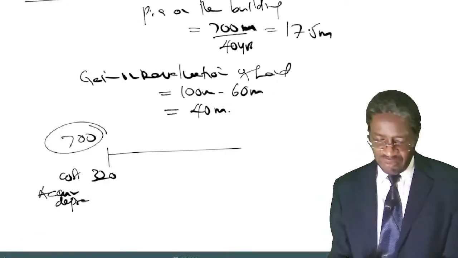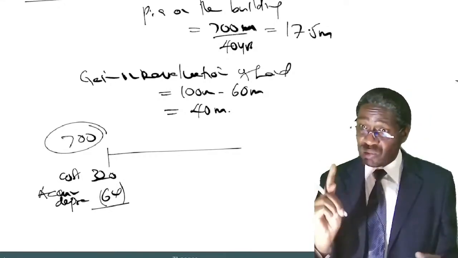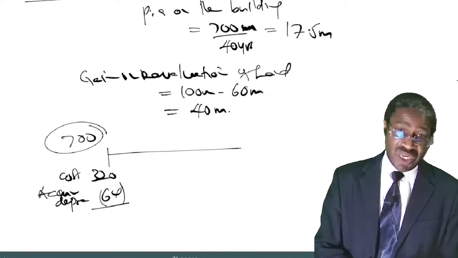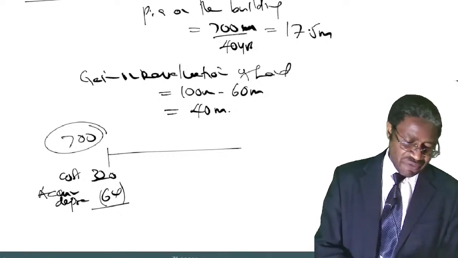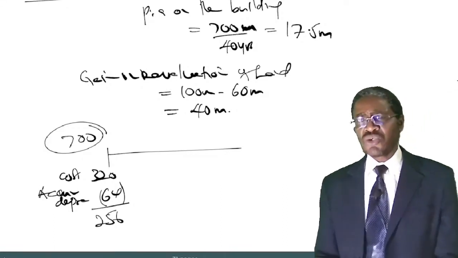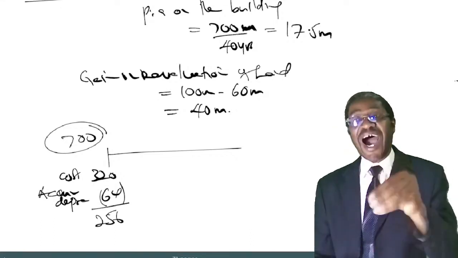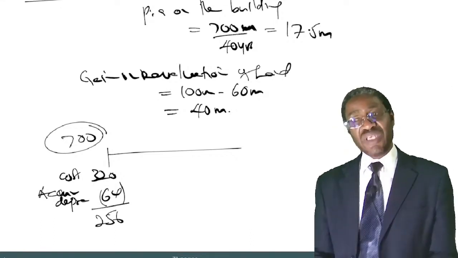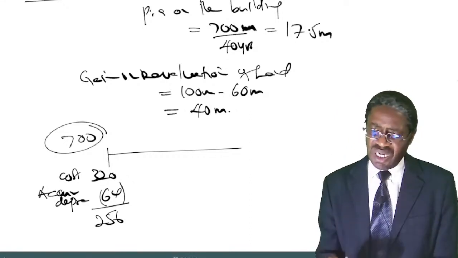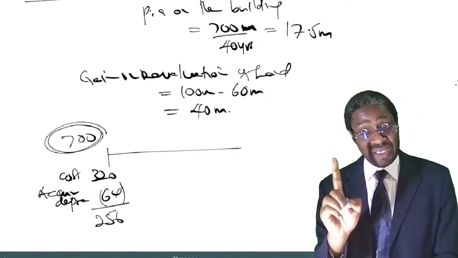Good. 64 million. So it means, therefore, that the book value of the building was 320 minus 64. That gives me 256. So 256 is the book value of the building as at the beginning of the year. Then, at the same beginning of the year, the building was revalued to 700.